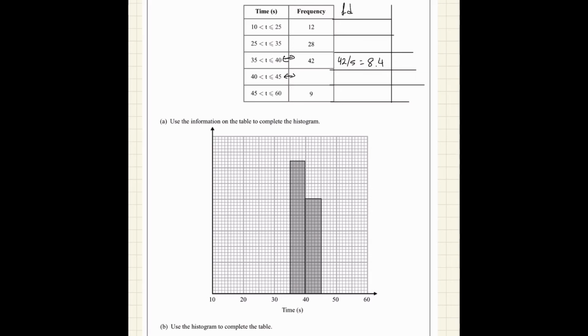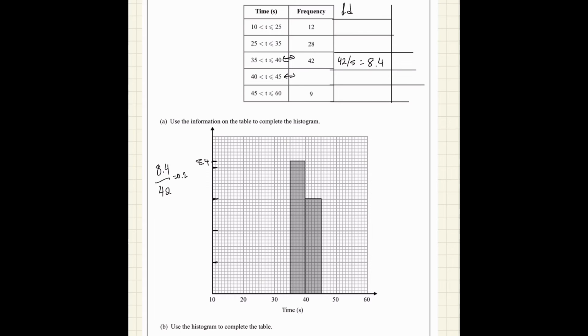So this height here is 8.4. So how many gaps have we got here? Let's see. You've got 10, 20, 30, 40, yeah, 42. So 8.4 divided by 42, which would give us 0.2.